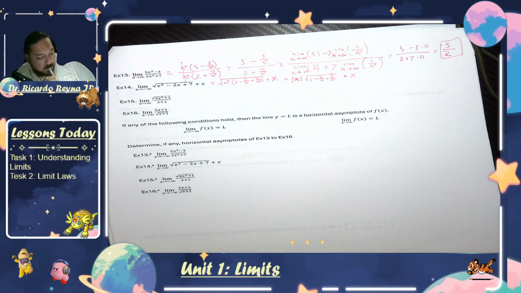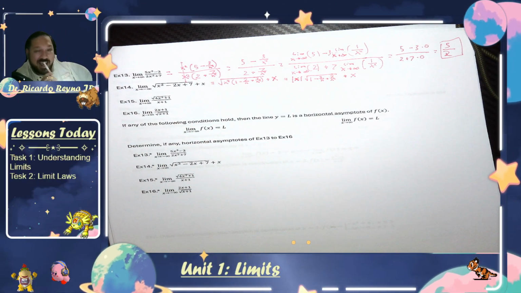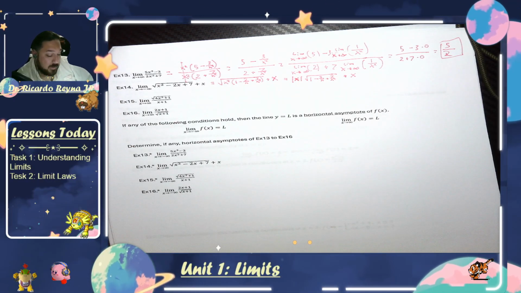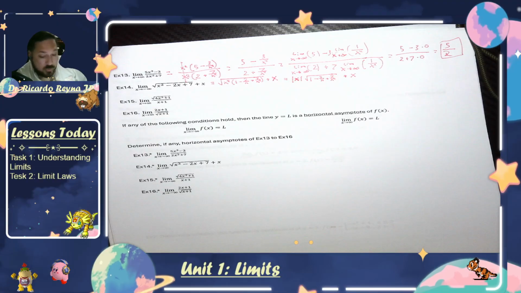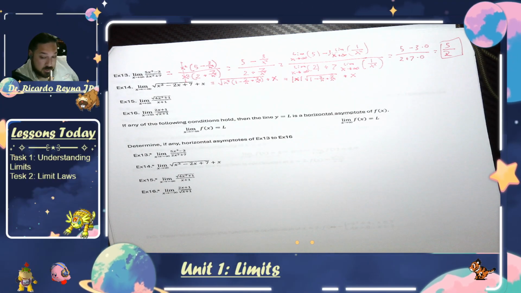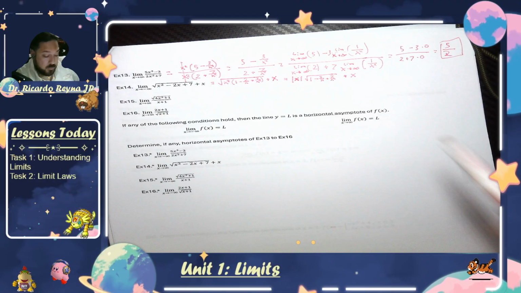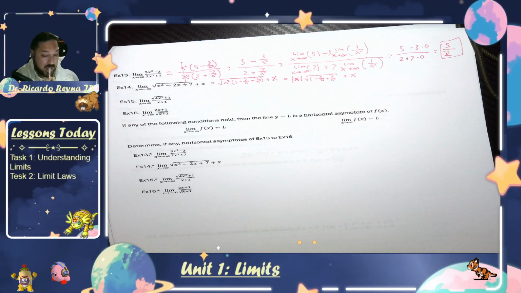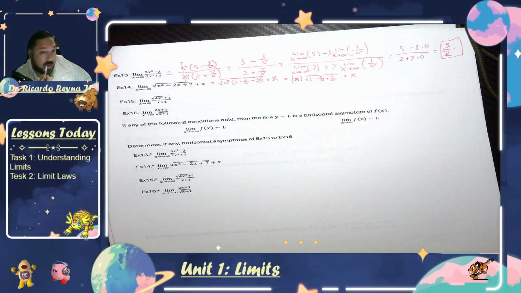Now, from this point on, I have to use the fact that my limit is as x goes towards negative infinity. So that tells me that before it escaped in here, x was actually negative.